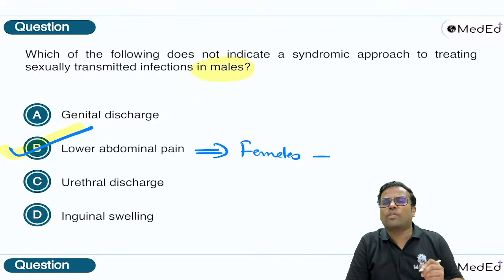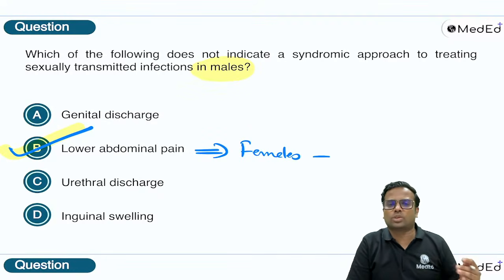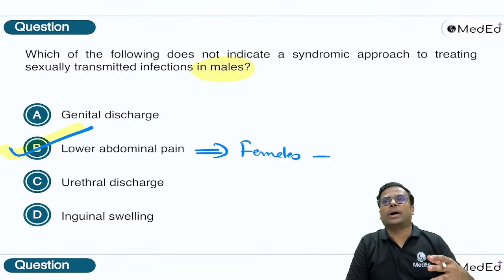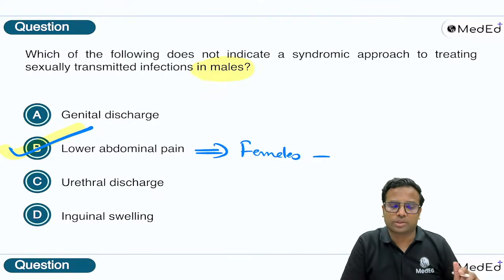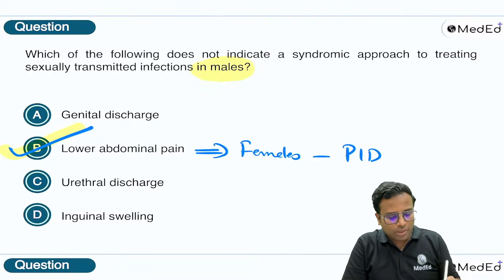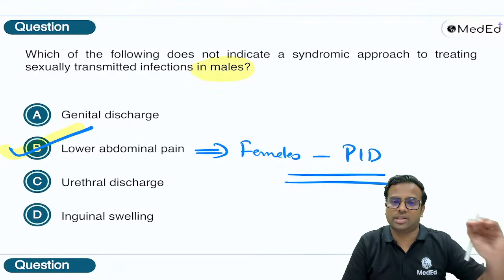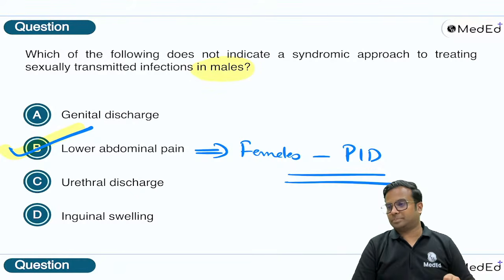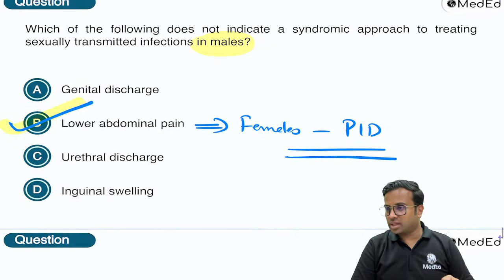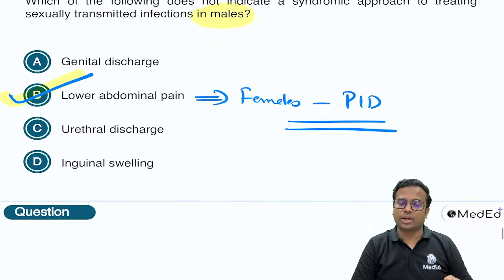And what is this lower abdominal pain commonly associated with? Yeah, it can be dysuria, it can be urethritis, all those things, but again, it should be specifically PID, right? Pelvic inflammatory disease. Excellent. So Renu, Sanya, Petals, all of you are answering it correct.